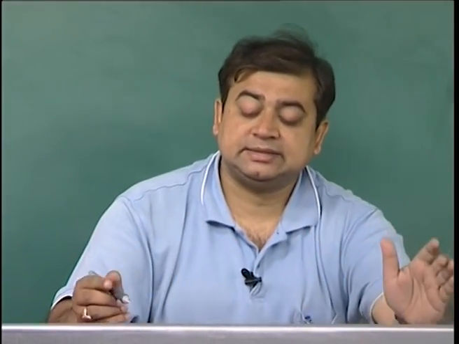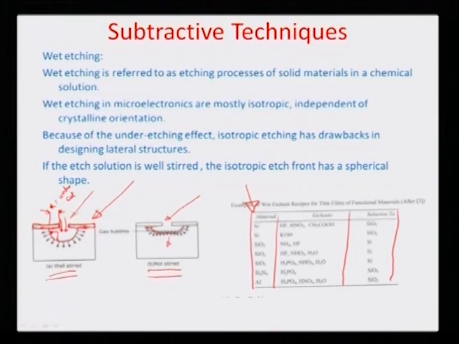So, let us look at this table back again here. The materials illustrated can be silicon, silicon dioxide, silicon nitride, aluminum, and so on, and then there are etchants which are amenable to removal of these materials, for example HF, HNO3, CH3COOH, or for example KOH. They can remove silicon very easily, but as soon as the etchant meets a surface of SiO2, it is selective to SiO2, so it will not etch SiO2 anymore.